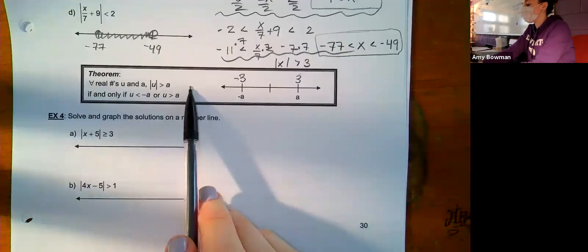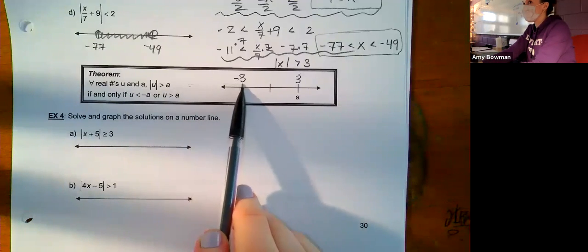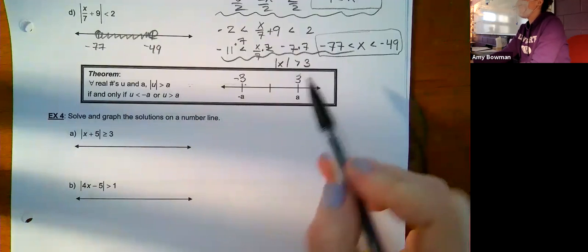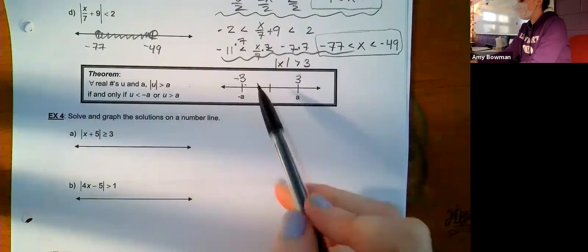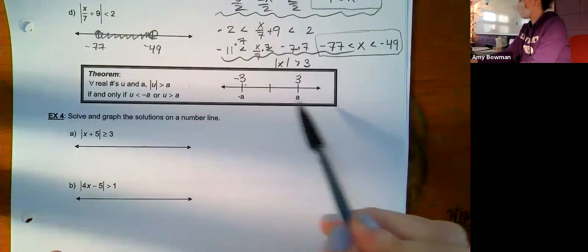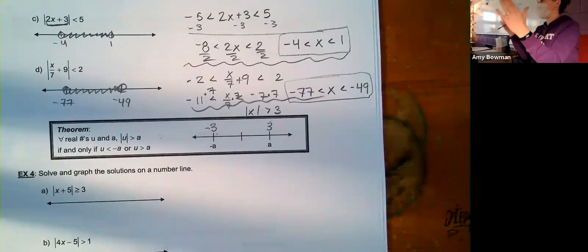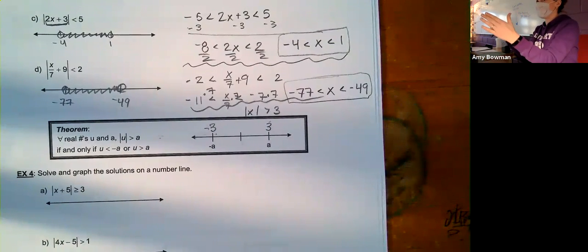Negative infinity to negative 3, and 3 to infinity. So my possible values of x, instead of being wedged between negative 3 and 3, there's a window, a gap where it can't be within that in between value, negative 3 to 3, and it's on the outside of it.